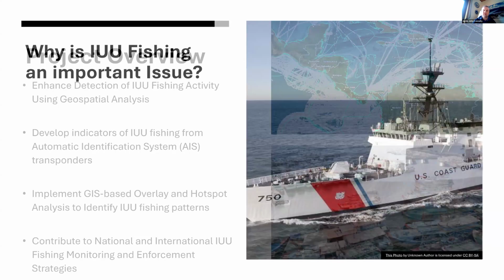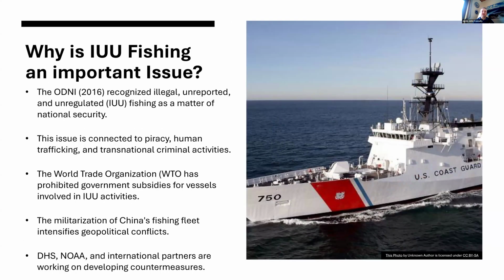Now, why is this an important issue? I was surprised to learn that at the Office of the Director of National Intelligence, IUU fishing has been elevated as a very significant issue. A lot of that has to do with what happens when a coastal nation has a significant threat to their food source or their economic source.